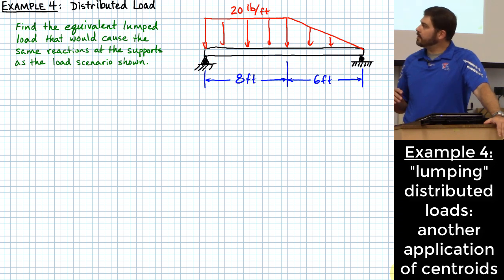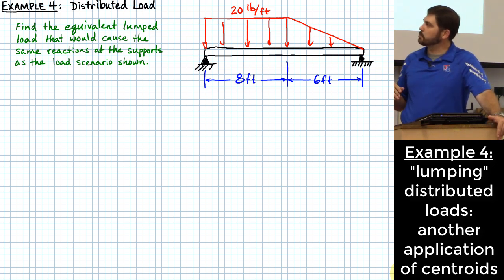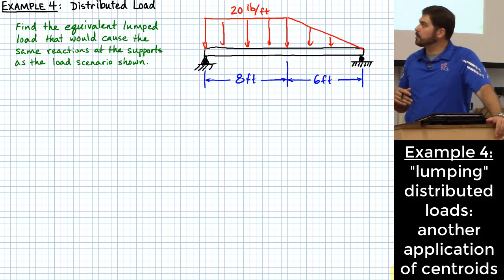Once you know that the distributed load is shaped a certain way, in other words, it's graphed out in a way where the height is proportional to the amount of distributed load, and the width is just the physical width, then if we can figure out where the centroid is of that area, that gives us the position where we should apply a lumped load, right? This is another word for saying we're lumping the load at a particular location. We know where to lump the load based on where the centroid is at.